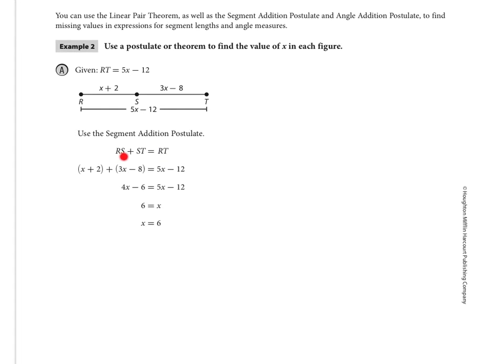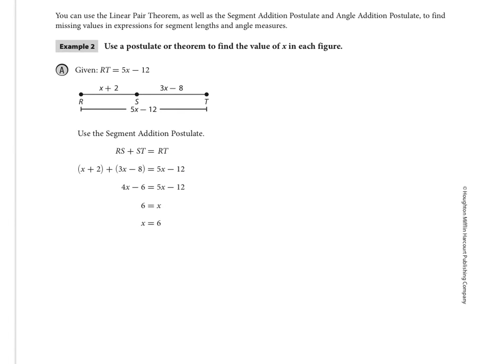RS, this first part, has the label x plus 2 in the diagram, so that's substituted there. ST has the label 3x minus 8, so in place of ST we're going to put 3x minus 8. And then RT in the diagram has the label 5x minus 12, so that gets substituted in there.